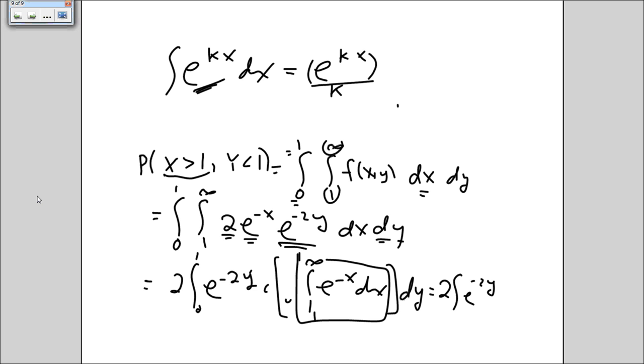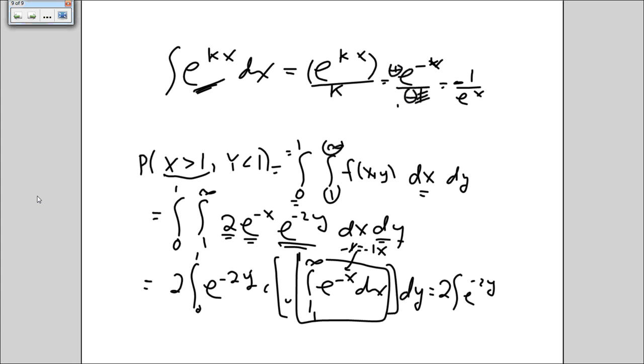Okay, so now if k is negative 1, I get e to the negative 1x divided by negative 1. That is, I get 1 over e to the x. A positive divided by a negative is a negative.